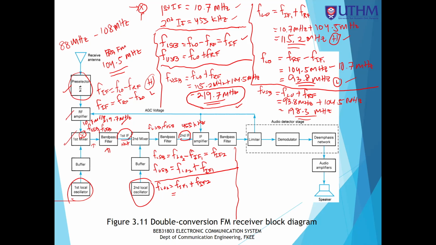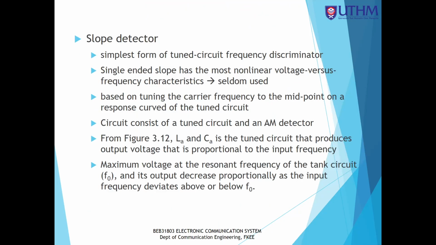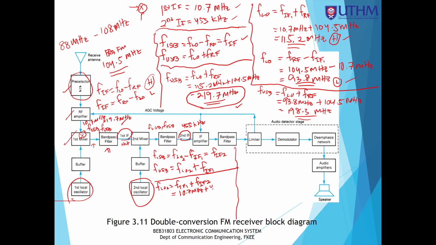the first IF. If this is a high side injection, that means FLO2 must be greater than the input FIF1. So that means this is 10.7 megahertz plus FIF2, which is 455 kilohertz.